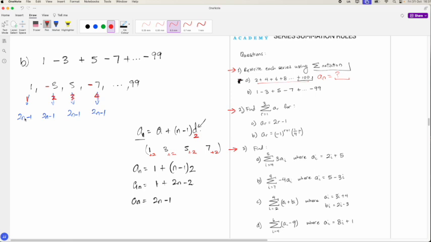When n is 1, 2 ones are 2 minus 1 is 1. When n is 2, 2 twos are 4 minus 1 is 3. Without the negatives, they will work. But with the negatives, I am seeing now that when n is 2, this answer will end up being a negative, and when n is 4, that number too, so even n numbers will give us negatives. That is quite interesting, right? So what if we multiplied this by negative 1?